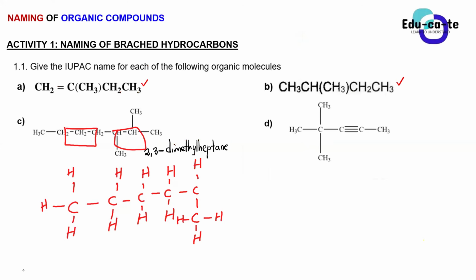Let me just complete this structural formula. So this is bonded to C, bonded to H. Let me just put my H here. Bonded to CH3, so it's bonded to a carbon having another 3 hydrogens. And then this is bonded to another CH3 at the end, a carbon having 3 hydrogens. Is this clear, guys?